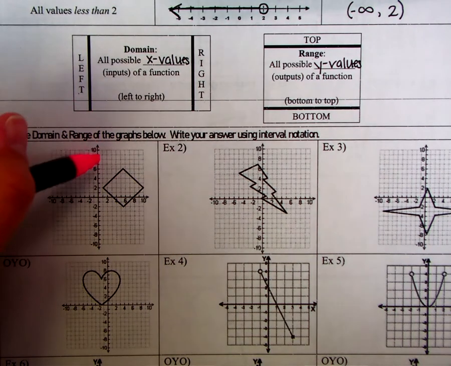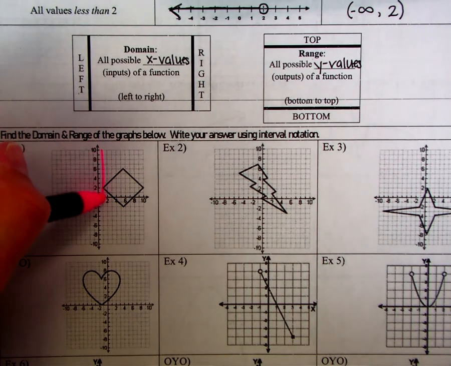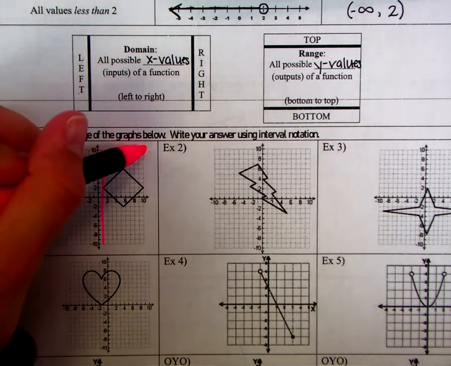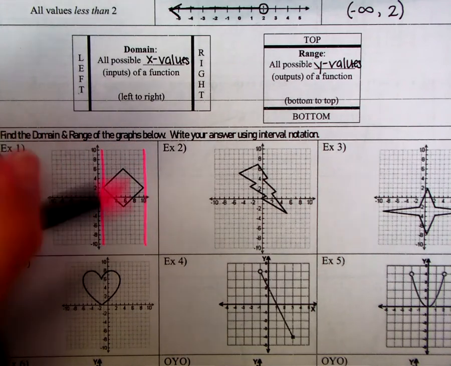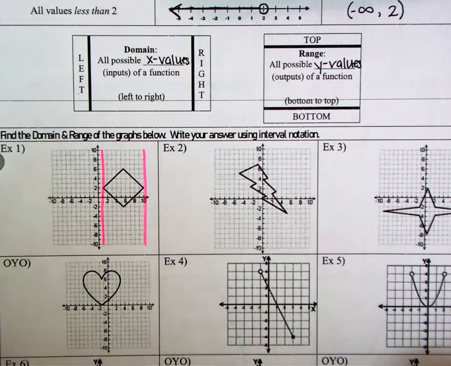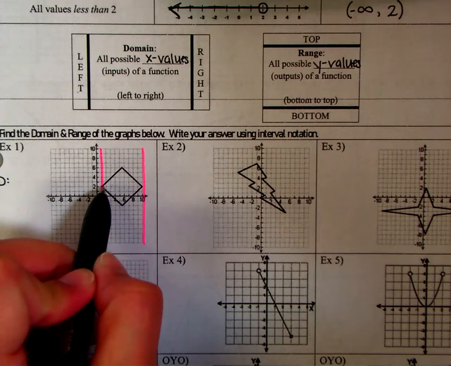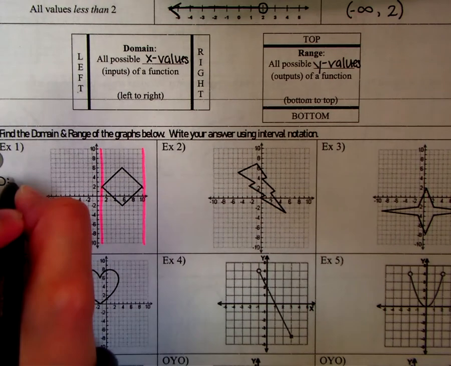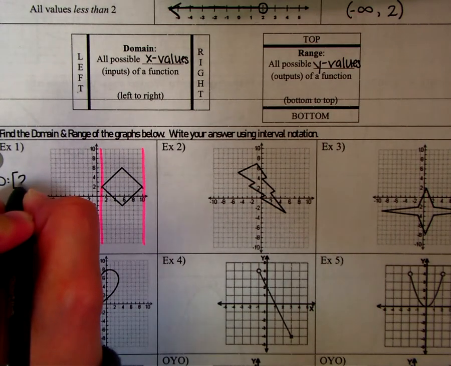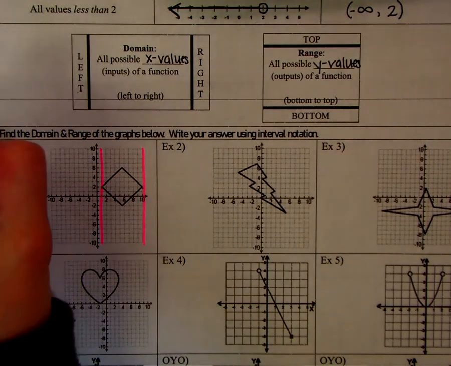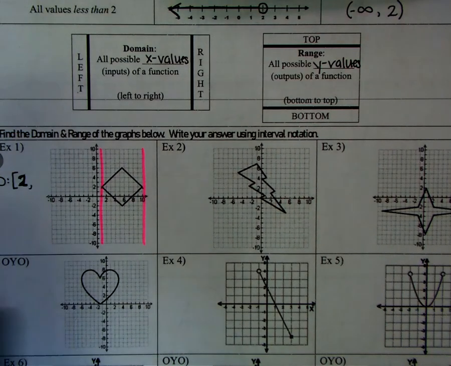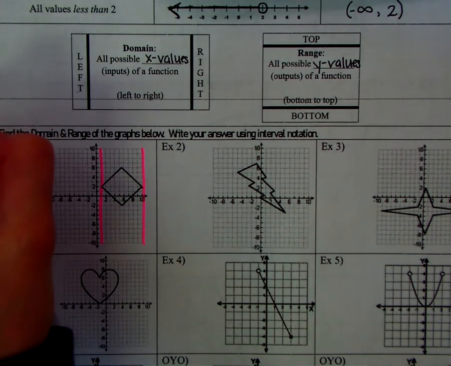The very left side of my graph is here, and the very right side of my graph is here. So that means my domain is between those two x values. Well, we've got solid dots, so my domain is between a 1 and 10.